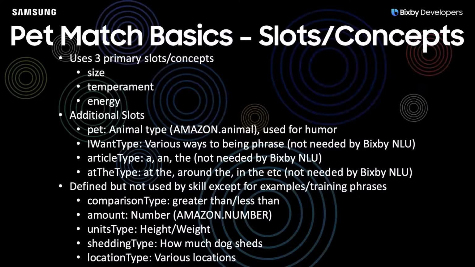And then there's several other slots in there, concepts, comparison type, amount, unit types, really not used. I'm not quite sure why they're in the original Alexa skill, but I think it's in there to show you how you can use Alexa dialogue management for a slot, but actually not use a slot in your actual business logic.